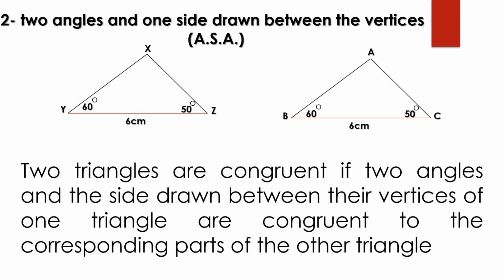In the shown triangles ACB and XZY, if the angle in the first triangle C is equal to the corresponding angle in the second triangle Z equal 50 degrees, and the angle in the first triangle B is equal to the corresponding angle in the second triangle Y equal 60 degrees, and the side drawn between their vertices BC equals the corresponding side in the other triangle YZ, then the 2 triangles are congruent.